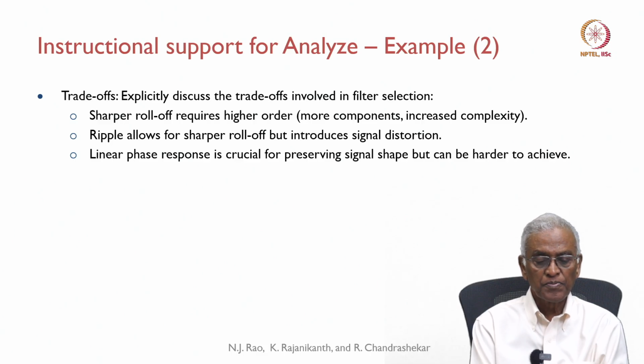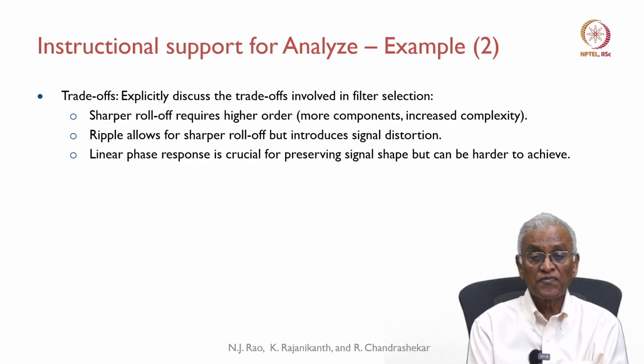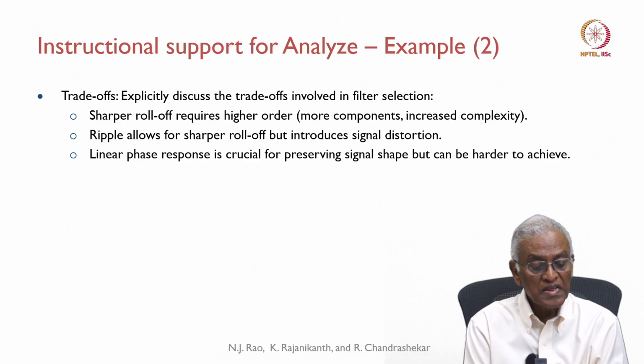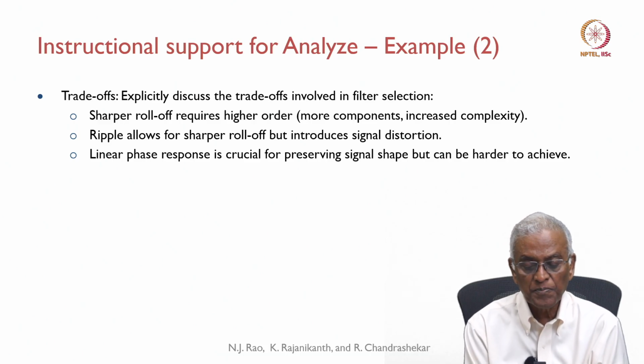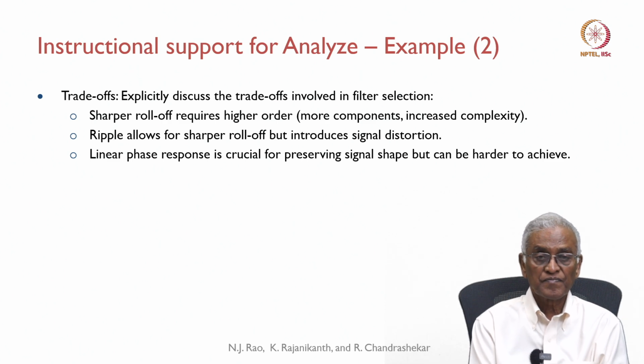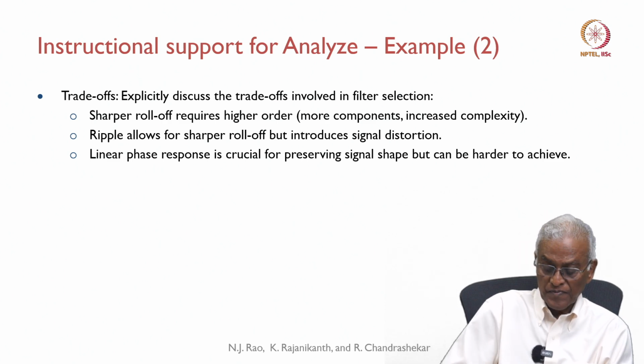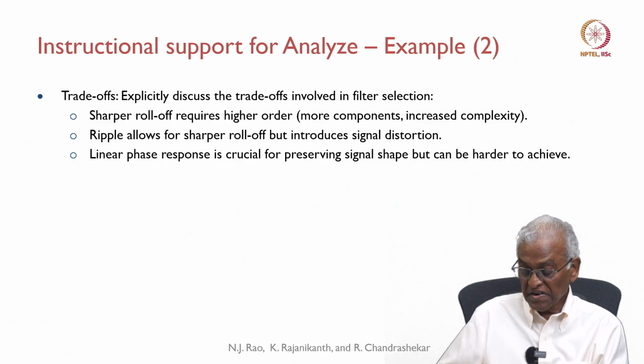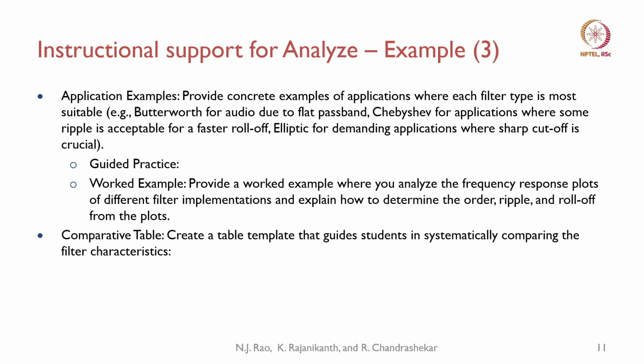Certain filters can have very sharp roll-off, but this can lead to ripple in the pass band. Linear phase response is crucial for preserving signal shape but can be harder to achieve. So these are the trade-offs that students need to know.